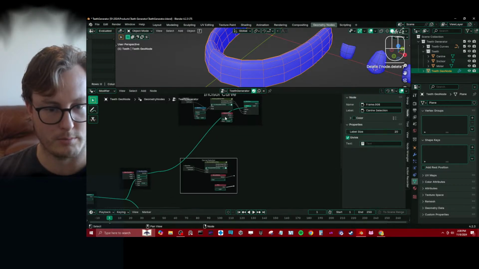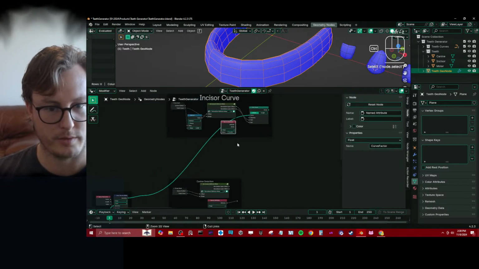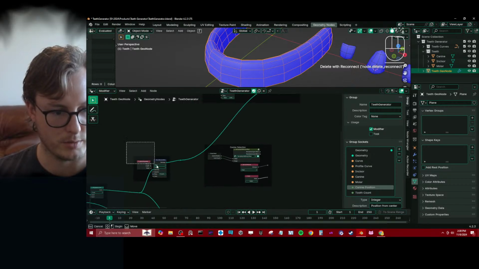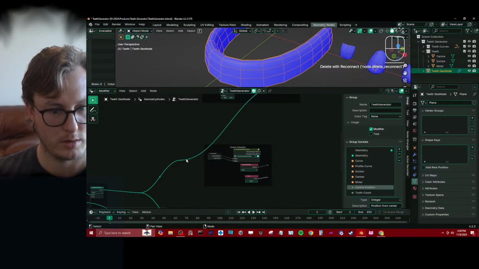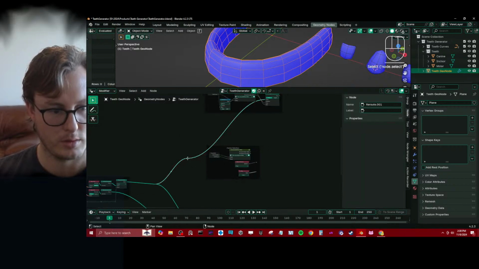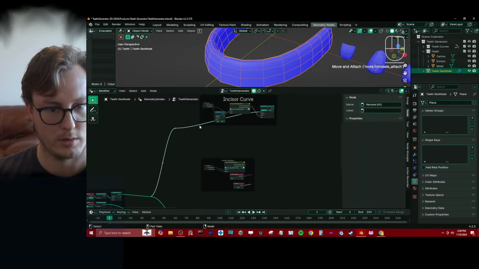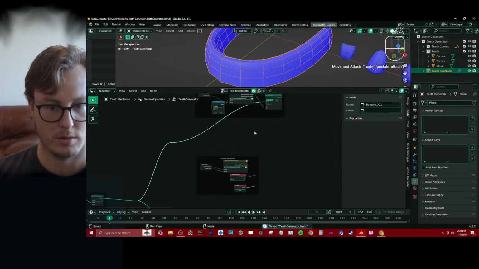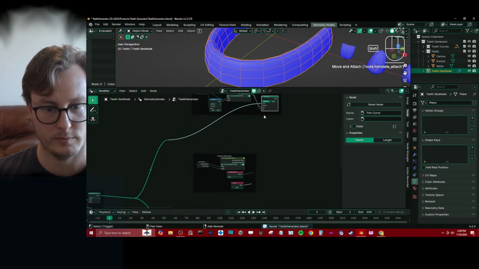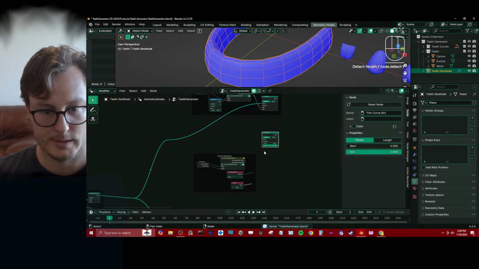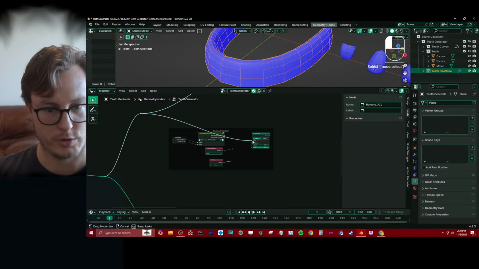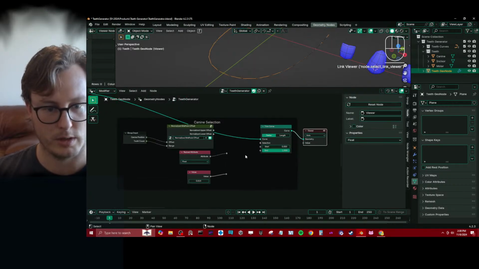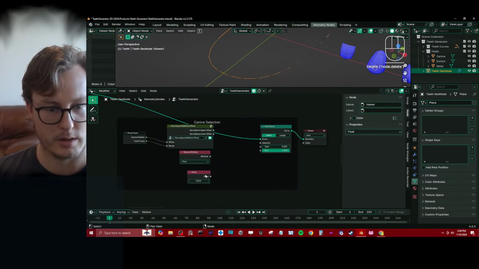Right now, again, I'm doing the curve. I don't even need that factor anymore, so we can just get rid of this whole thing. Okay, stick this in here. Feed in the geometry. That's what we're looking at. I don't need this.